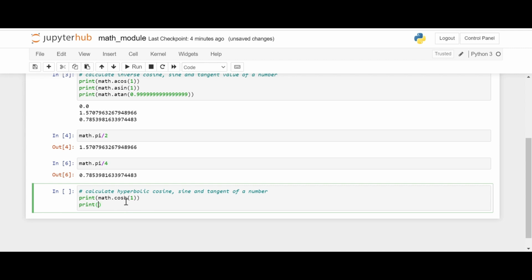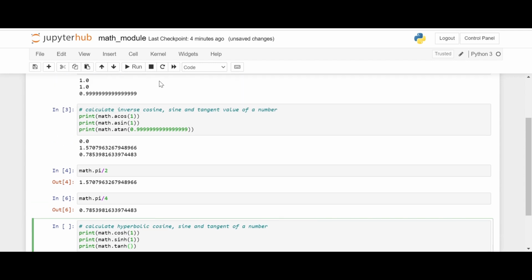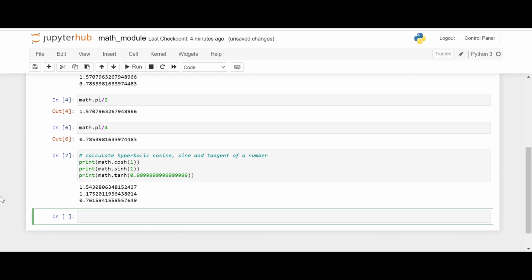Print again, let's copy this value. So this is the hyperbolic cosine of 1. We get this value, same for sine and tan.